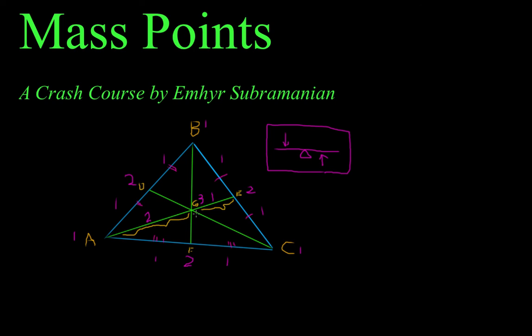So these are just ratios. Now you know that the ratio between GE and AG is 1 to 2. But this is the factor. If you were asked what the ratio is between these two, it's a 1 to 3 ratio. The reason is that GE is 1/3 of the whole segment, and AG is 2/3 of the whole segment.